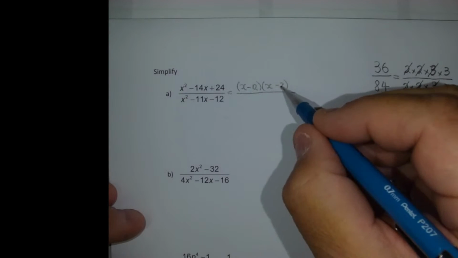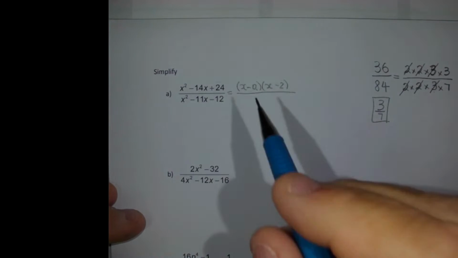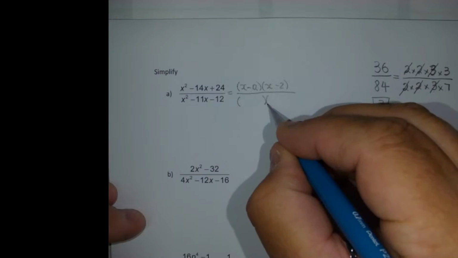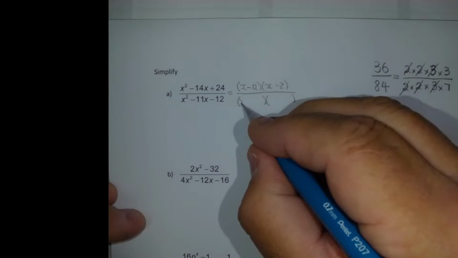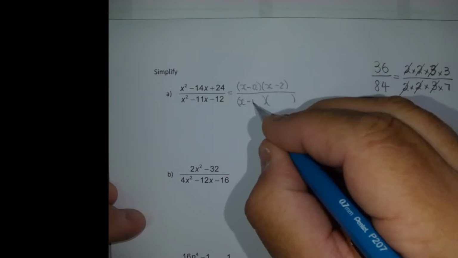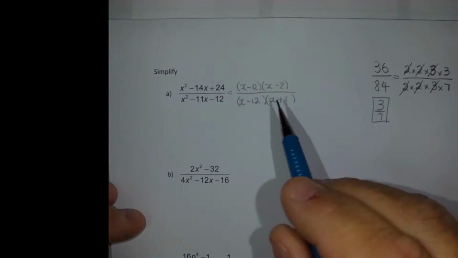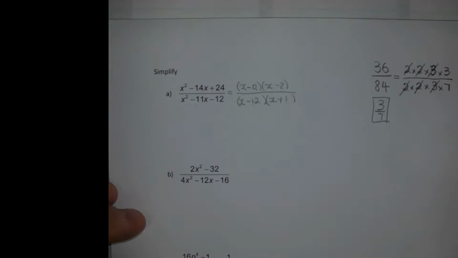Minus 12 times minus 2 is positive 24, minus 12 minus 2 is negative 14. On the other side, I could factorize that trinomial, and again, I'm not going to go through the detail. The coefficient is 1, there is no common factor, so this would be x minus 12 and x plus 1. Minus 12 times 1 is minus 12, minus 12 plus 1 is minus 11.